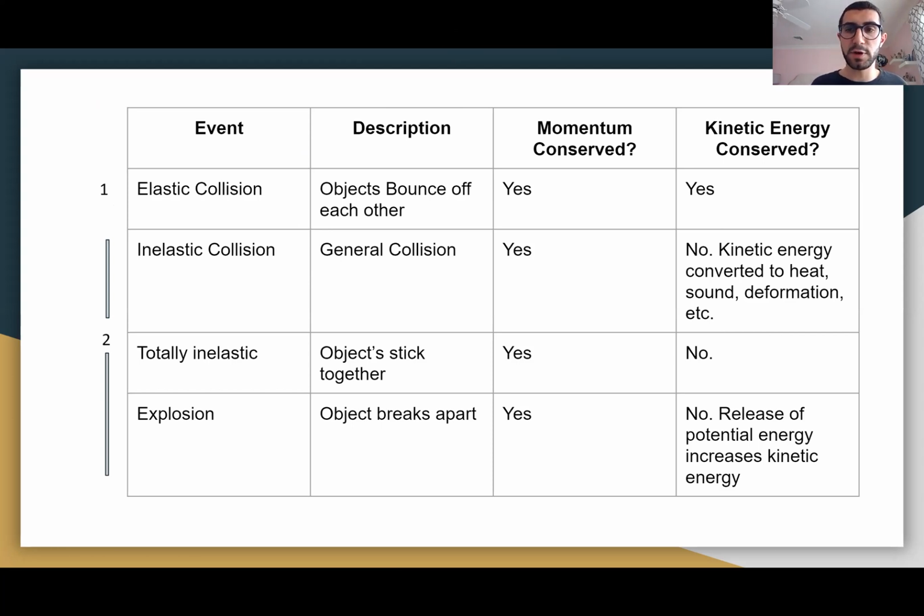Kinetic energy is converted into heat, into sound, into deformation in some way. And then types of inelastic collisions include totally inelastic collisions, which are when the objects stick together, and explosions, which are totally inelastic collisions played in reverse, when objects break apart. And in that case, we have the release of potential energy, which increases our kinetic energy.